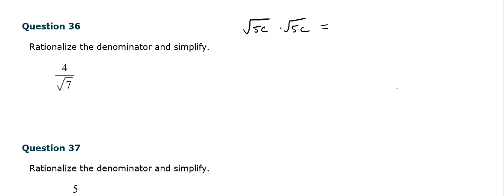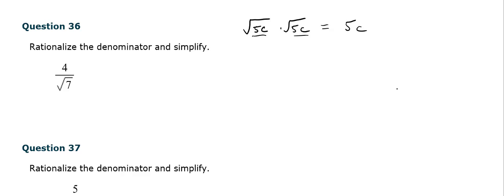The reason that it removes it from underneath the radical sign is because it creates a perfect square. So what we're going to be doing when we're rationalizing the denominator is creating a perfect square with our denominator whenever we're dealing with a monomial.